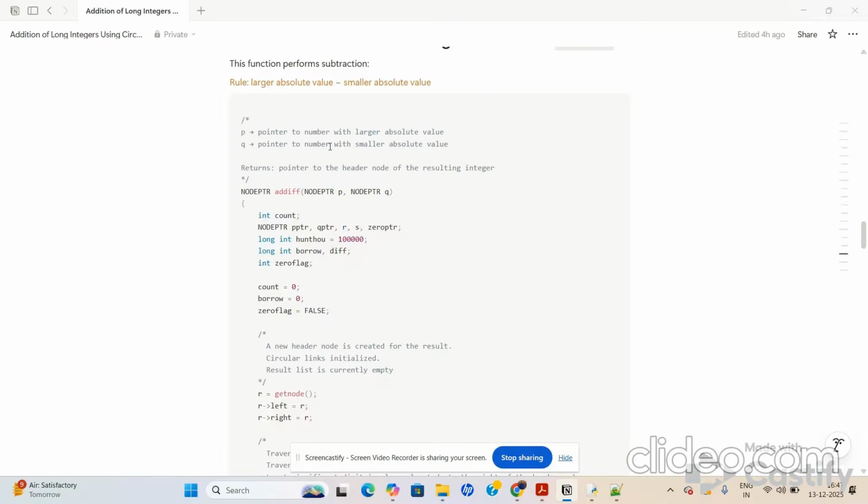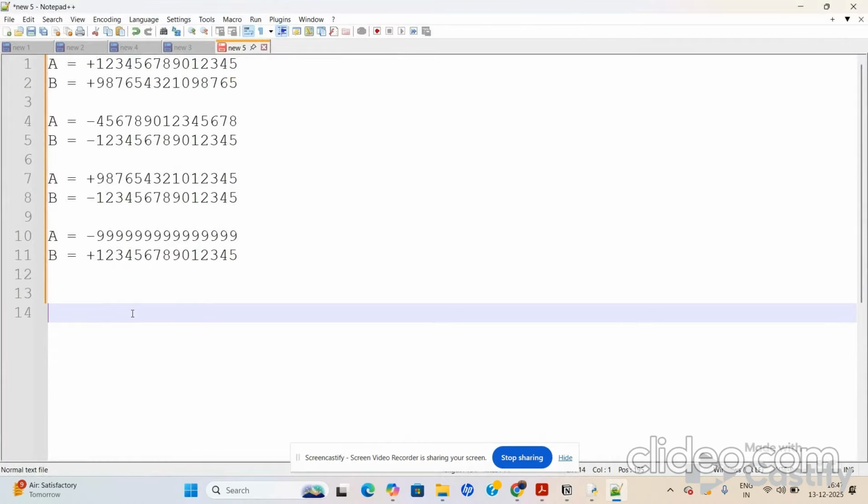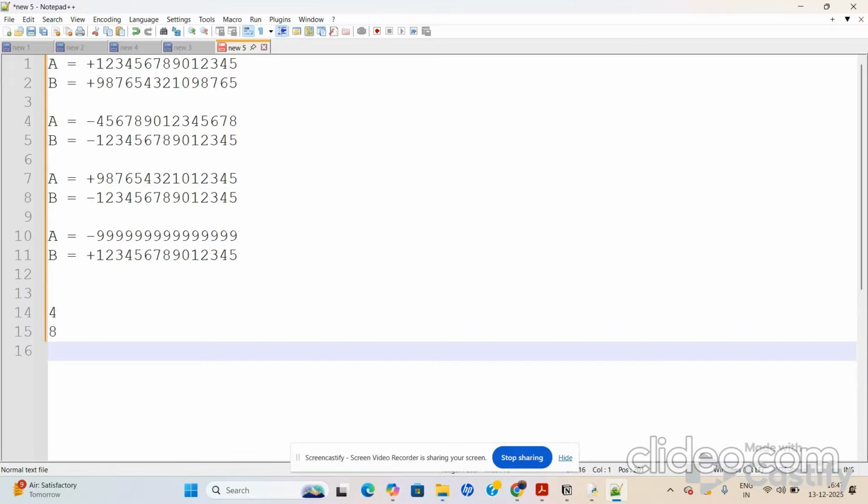Okay, so let's say I have number 4 and I have number 8. I want to subtract 8 from 4, correct? In this particular scenario, the top digit, 4, is smaller than the bottom digit 8. So we borrow from the next higher digit, correct?